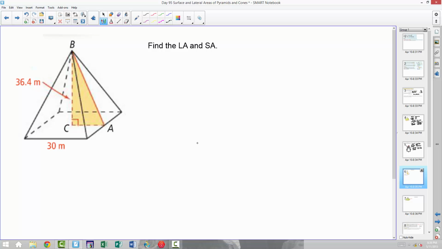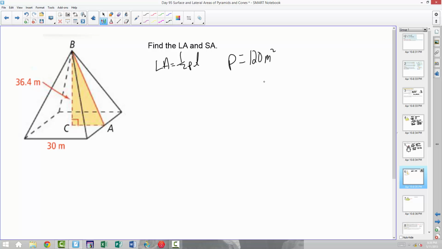So all bases are regular when I'm dealing with pyramids. So my lateral area equals half PL. Well, the perimeter is going to be 30 times 4, which is 120 meters.